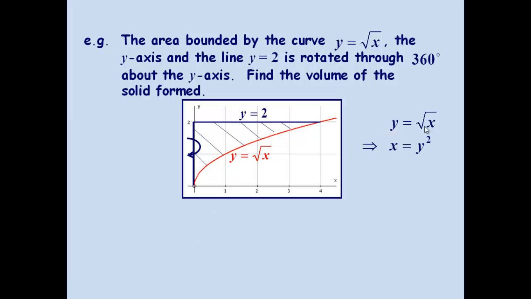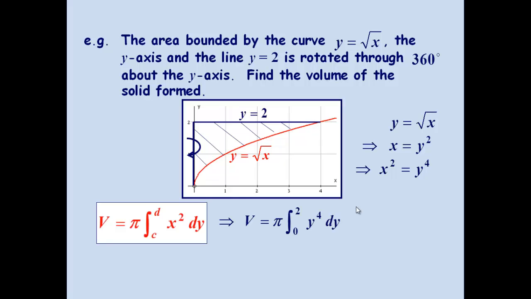So if y equals root x, x will equal y squared, which means x squared will be y to the power of 4. So our integral becomes pi times y to the power of 4 with respect to y, and between 0 and 2.